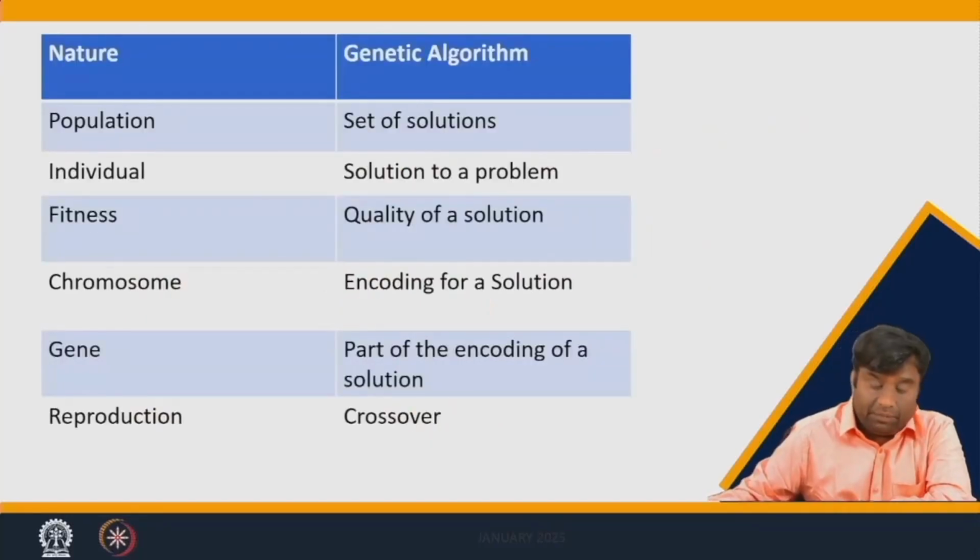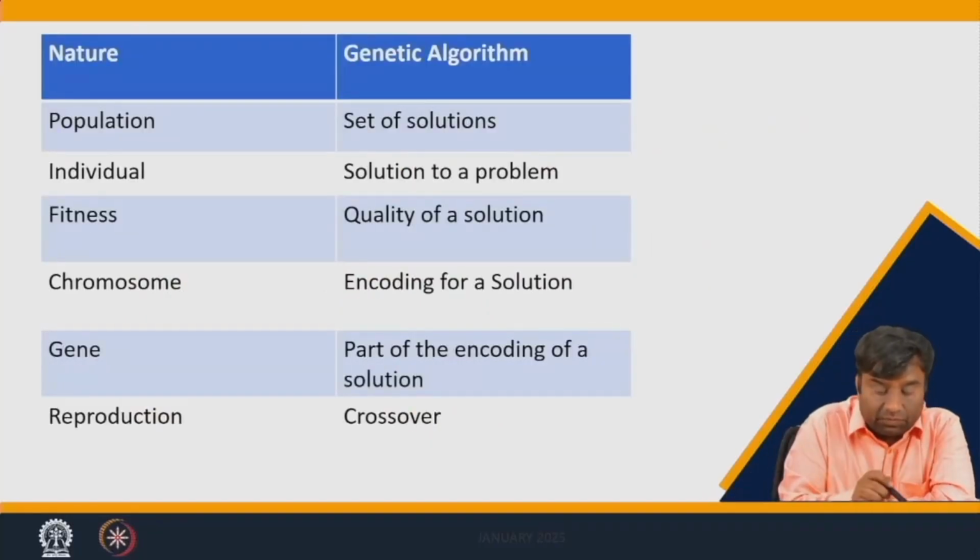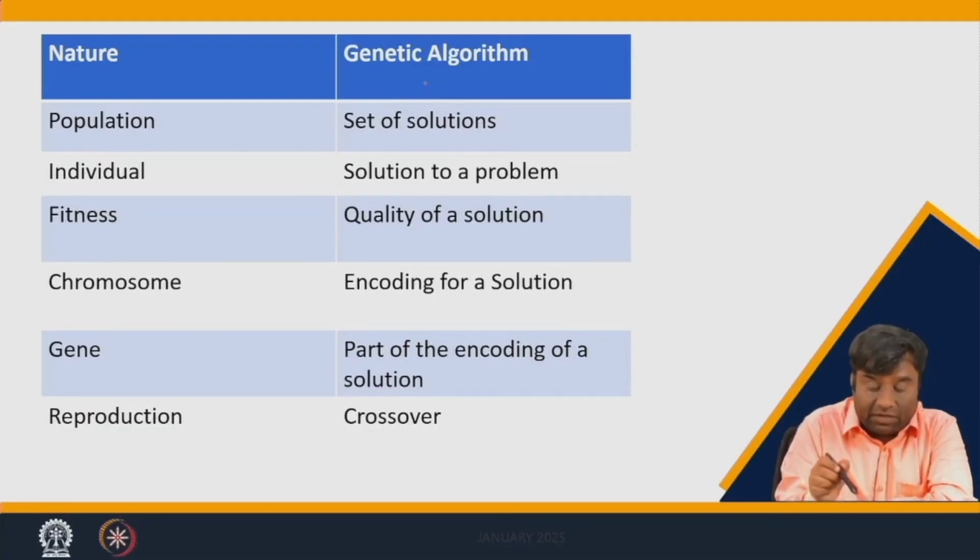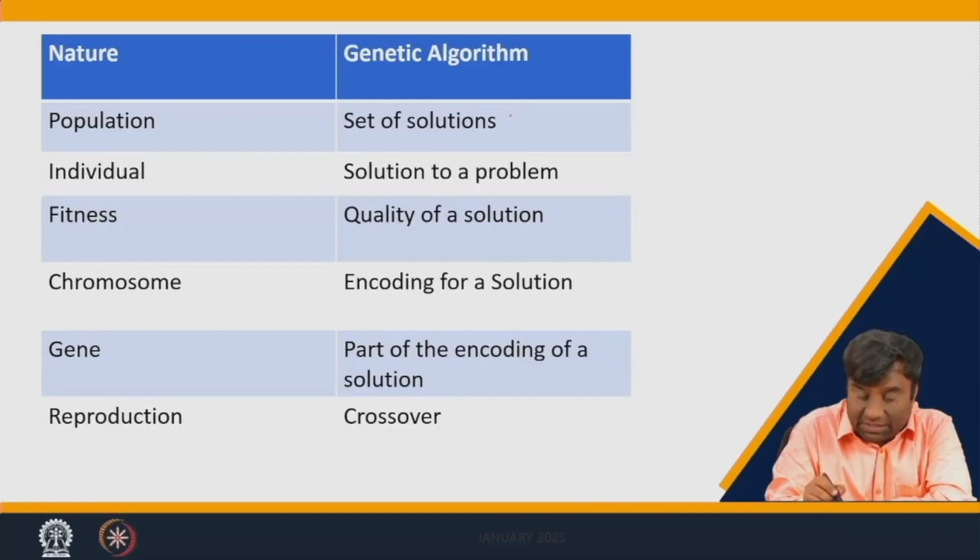Now, in nature we find populations and individual population. Then we test the fitness. Then we get a chromosome, gene, and then reproductions. Similar terms you can link with genetic algorithm. The populations means the set of solutions.